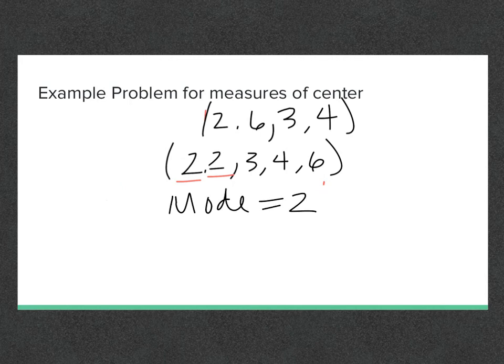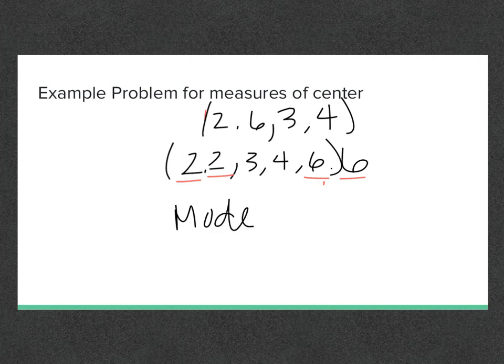I can also have a mode that has multiples. So if I had added something like another 6, then I have my 2 2s and my 2 6s, and now my mode is bimodal, and that means it's 2 and 6. You don't write 2 2 6 6, you just write 2 and 6 as my mode there.